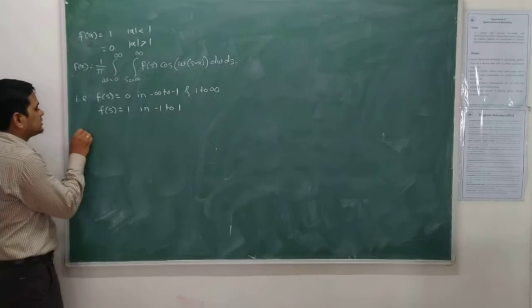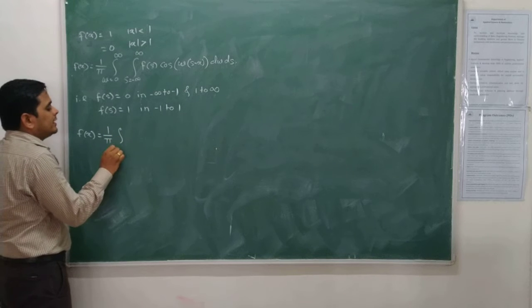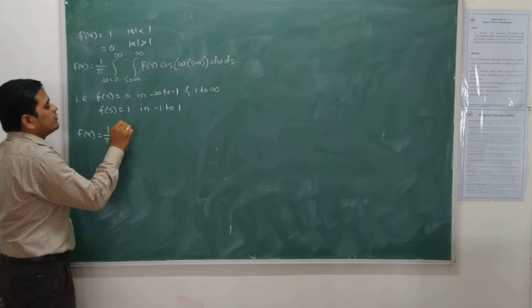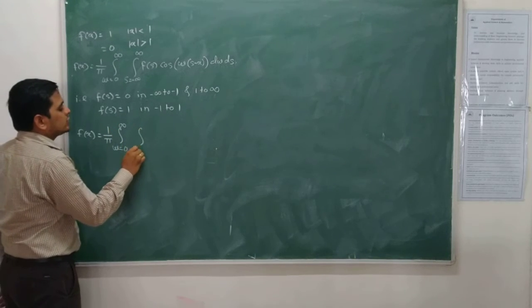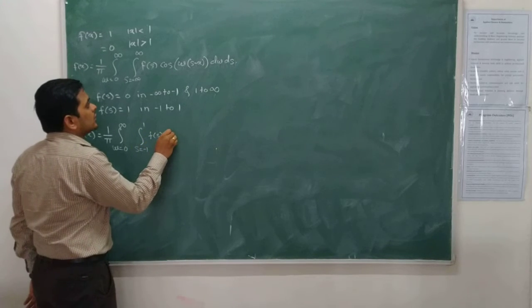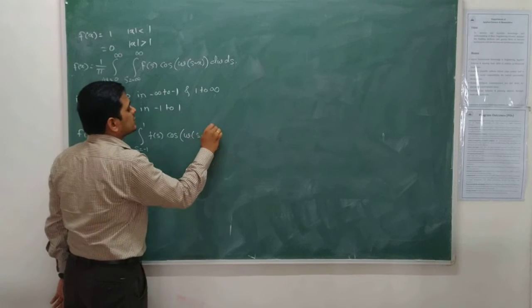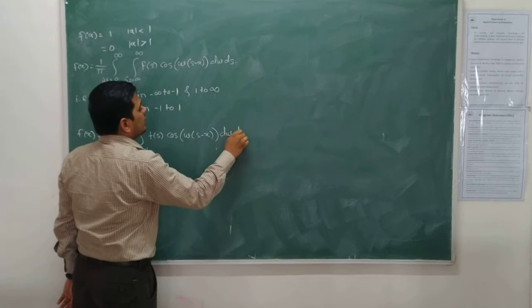Hence, my f of x is equal to 1 upon pi integration omega equal to 0 to infinity integration s equal to minus 1 to 1 f of s into cos of omega into bracket s minus x, d omega ds.